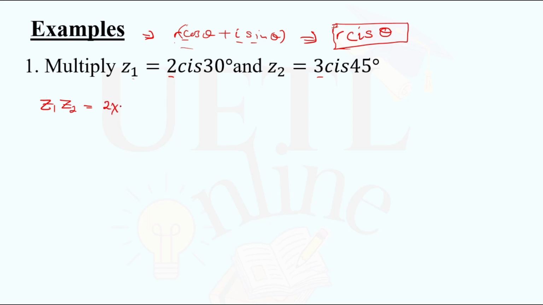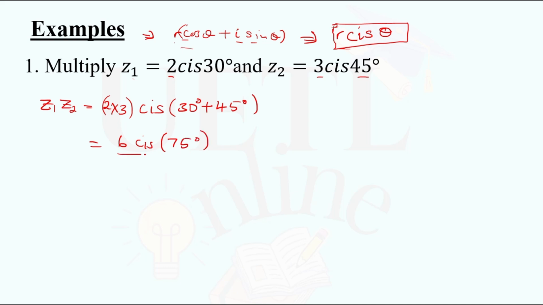After that, let's write our cis. Then we just add the arguments: we have 30 degrees, and we add the other one, which is 45 degrees. So we get our answer as 6 cis, and 30 plus 45 becomes 75 degrees. So this becomes our answer.